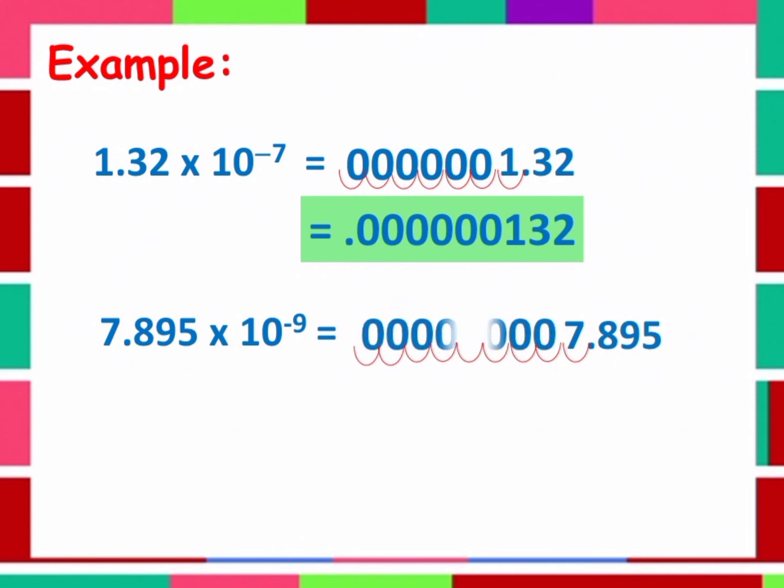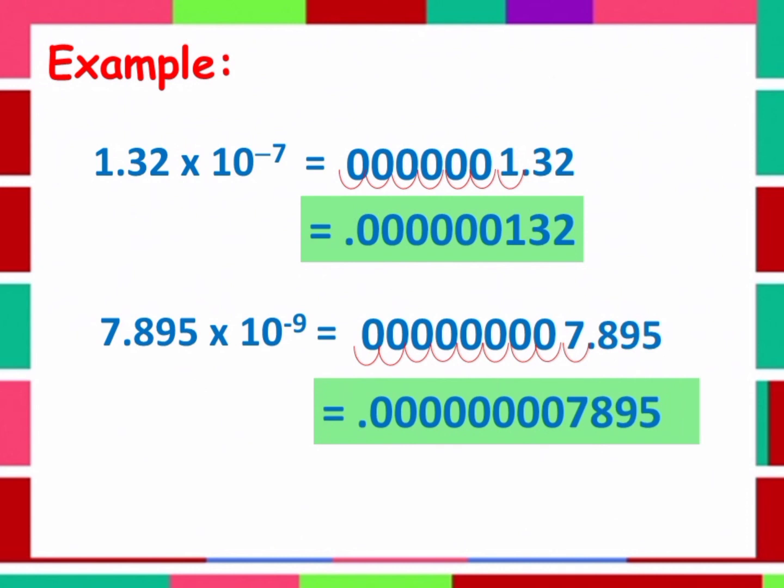Then, add zeros to the missing place value. And don't forget to put the decimal point kung saan nag-stop. So, this will be our final answer. Nag-move na yung decimal point.